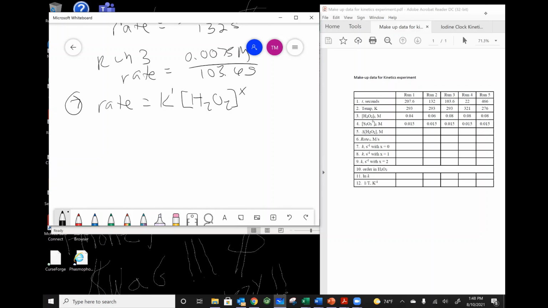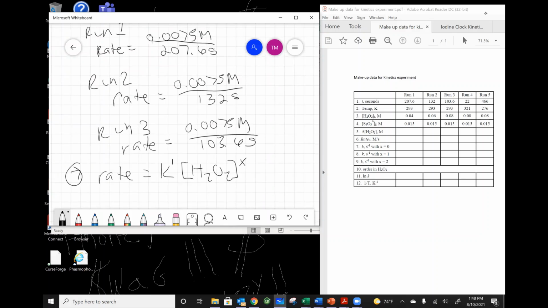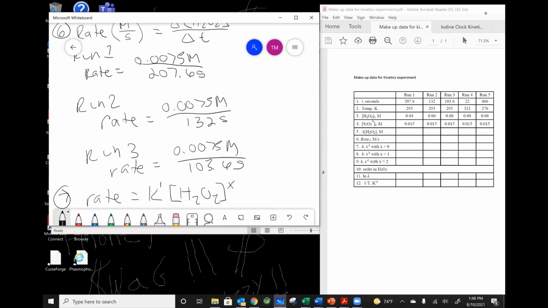So what we need to do now is fill in all of the different information. Let's take the rate from run 1 and go ahead and solve this.